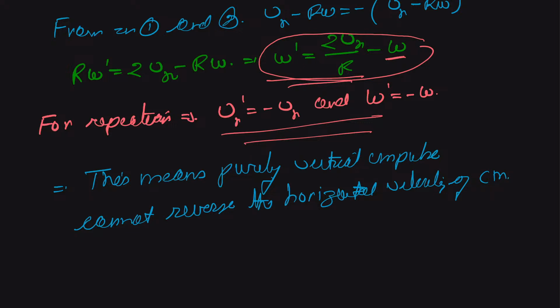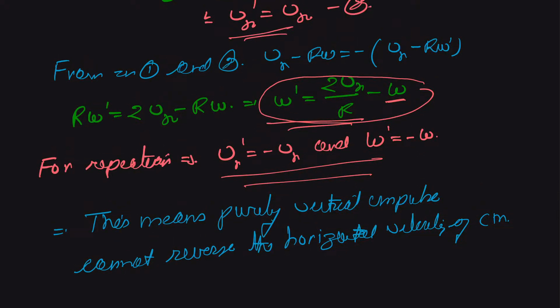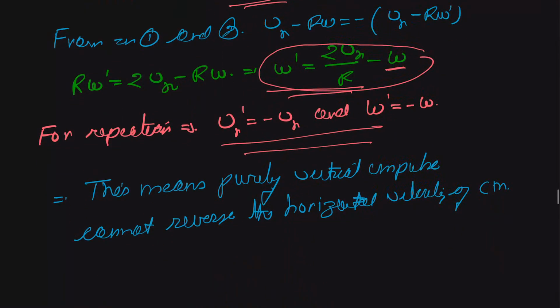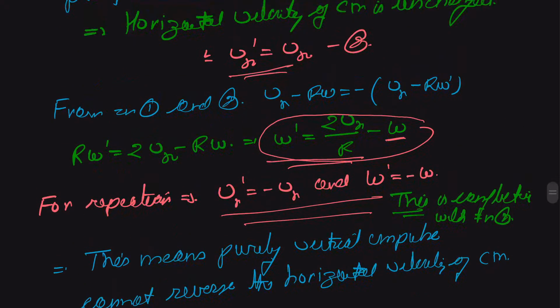Sorry, I forgot to mention here one important thing, that this is conflicting with equation 2. Okay, because equation 2 gives us that Vx prime is equal to Vx. It means after and before the bounce, the velocities are equal.